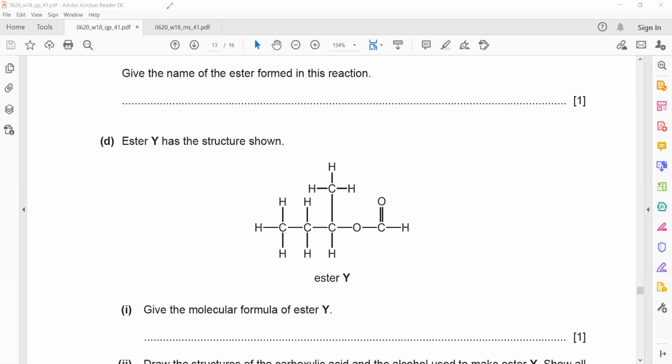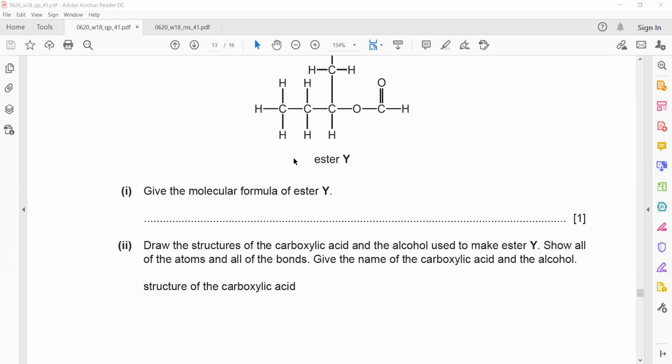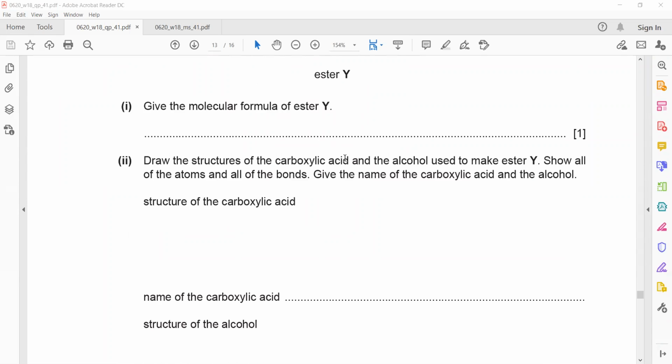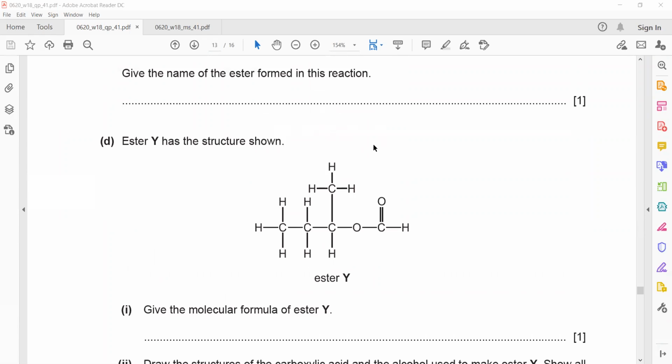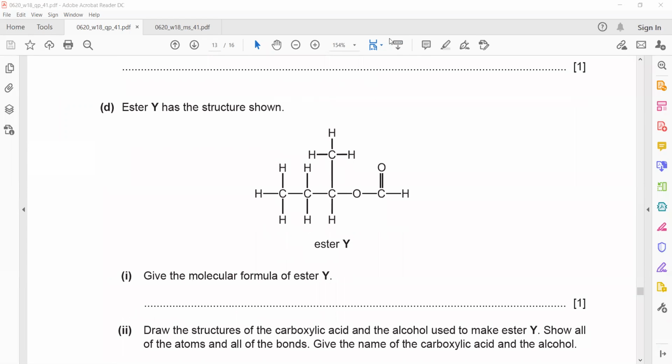So in the question they ask, draw the structure of the carboxylic acid and alcohol used to make the ester. For the carboxylic acid, I keep C double bonded with O and hide the rest, so this is the carboxylic acid.